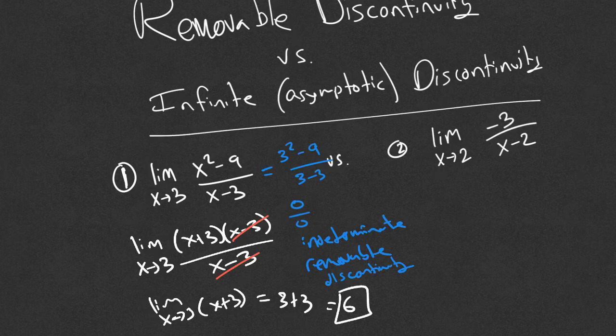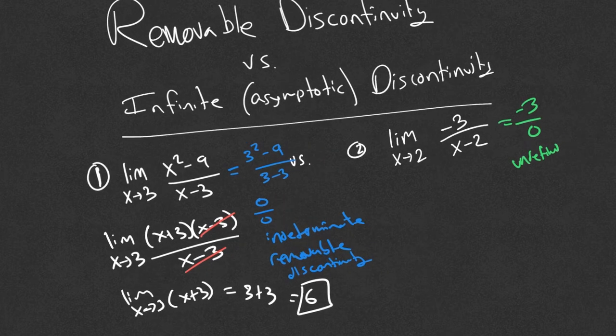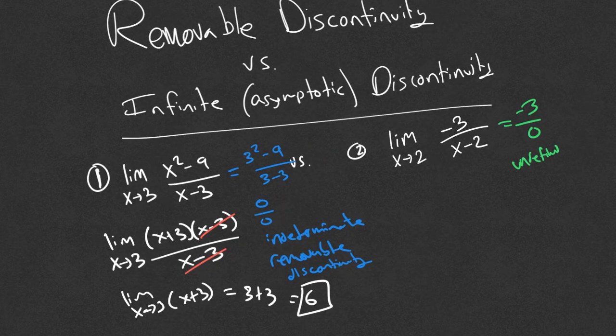On the other side, we have one where, when I try direct substitution, I get negative 3 over 0. This is undefined, which is a good sign that we have a vertical asymptote.